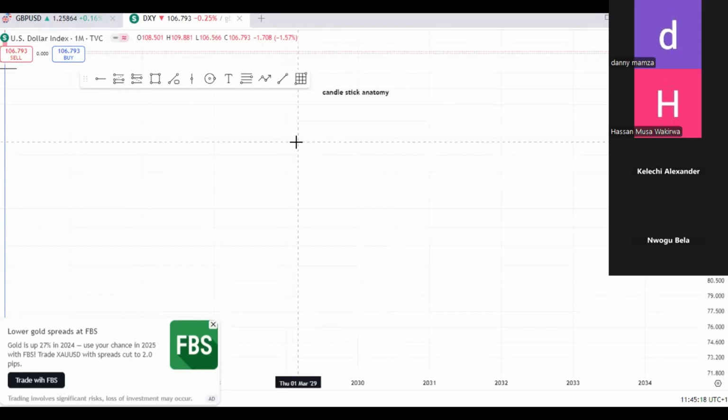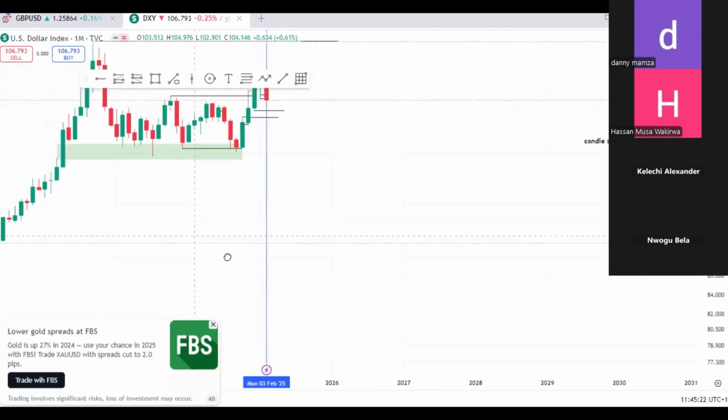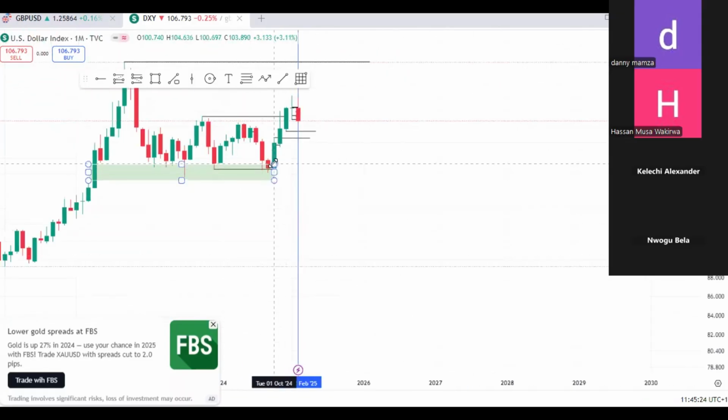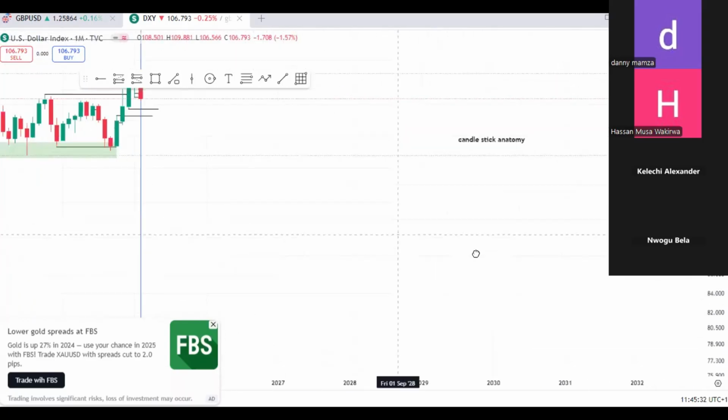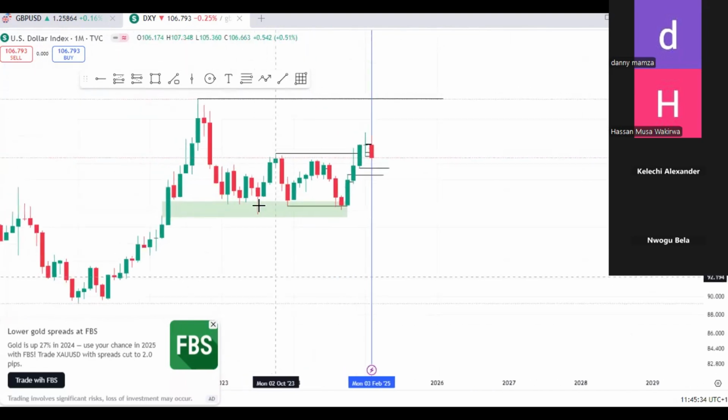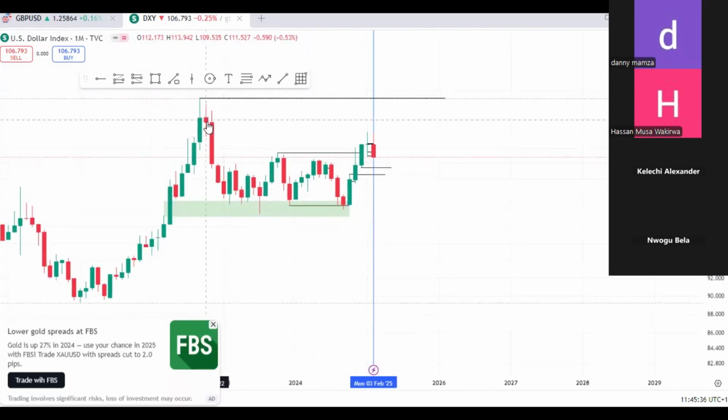Right now, if you look at it, we have the green candles here, and then we have the red candles here. The green candles are indicating that the market is going up. The red candles, as you can see, are indicating that the market is going down.